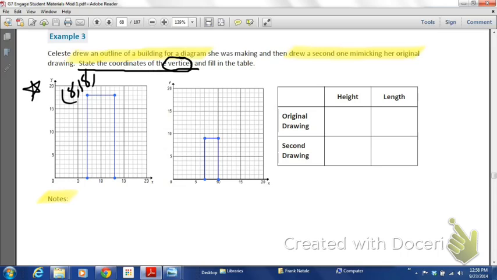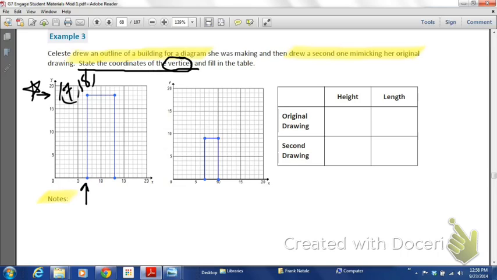Is that 8 or 7? Wait a minute. Looks like 7. Sorry, that is 7. 18. See there, x is 7 right there, and y is 18 right there.